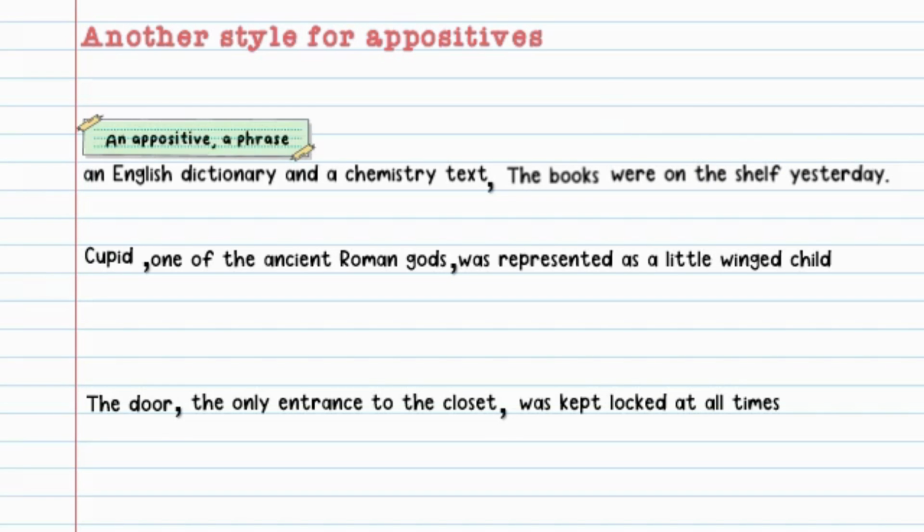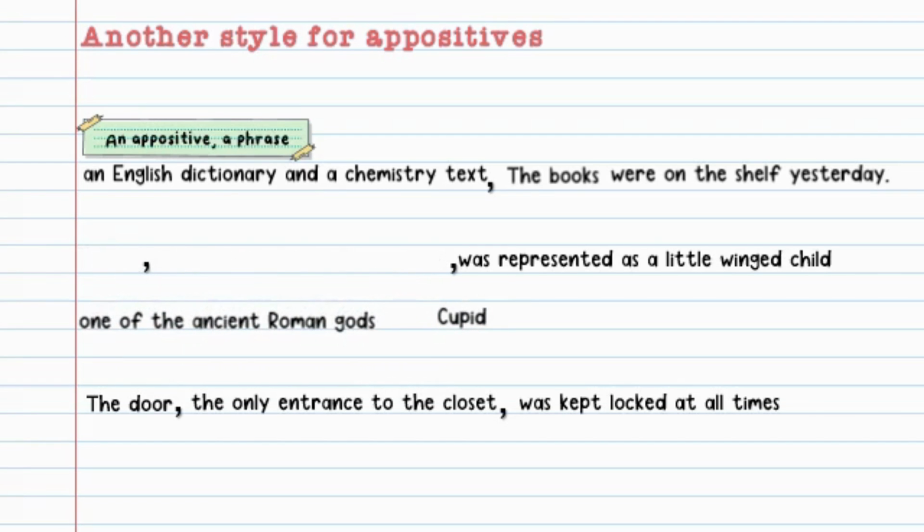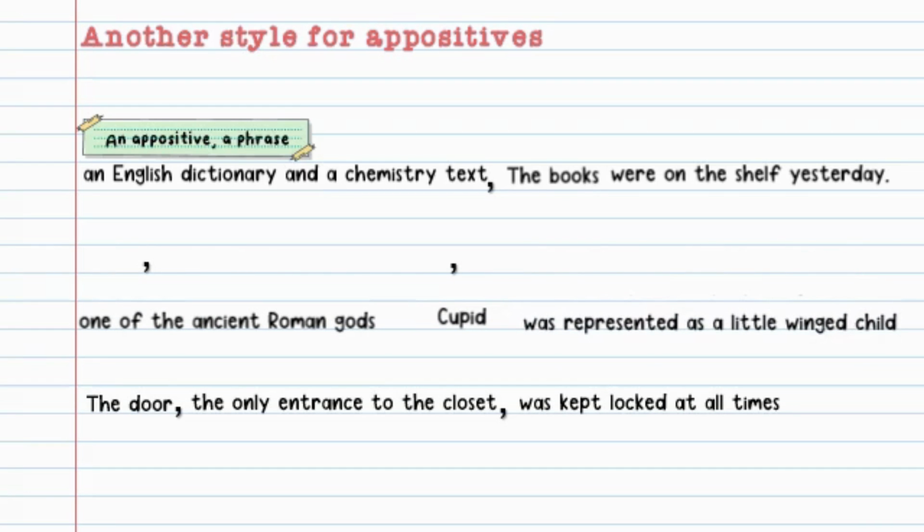In the second example, the original sentence is: Cupid, comma, one of the ancient Roman gods, was represented as a little winged child. When it changes into the other style, one of the ancient Roman gods precedes the word Cupid, was represented as a little winged child. And of course, to make readers notice which one is the appositive, we put a comma over here.